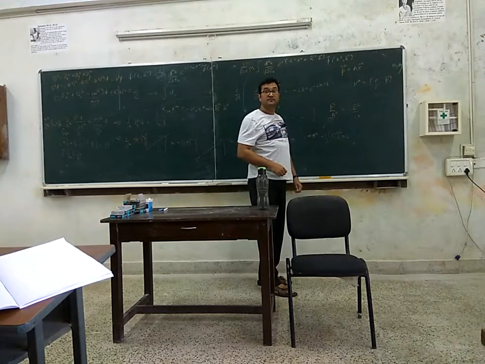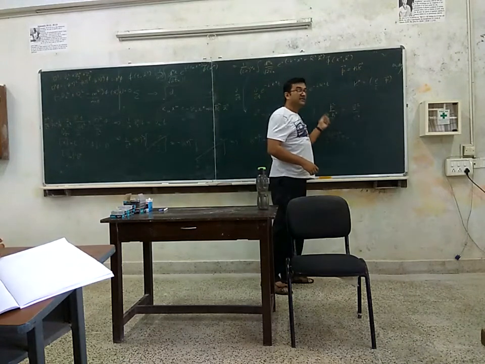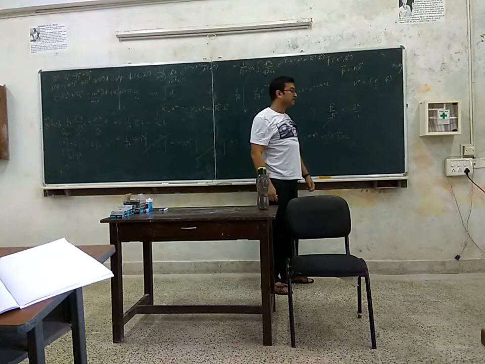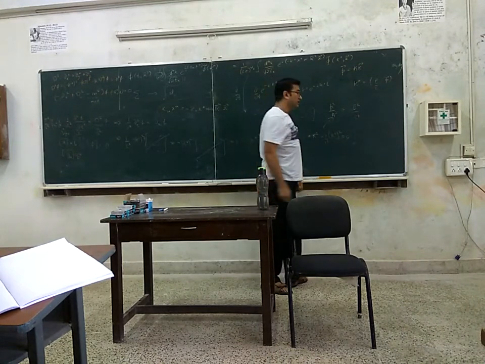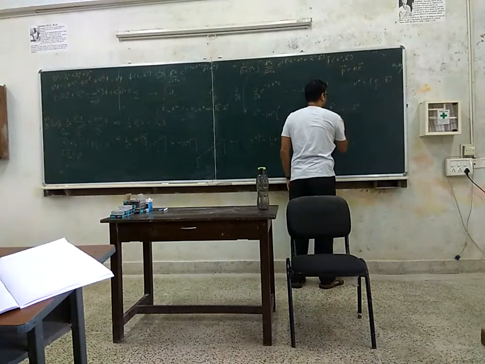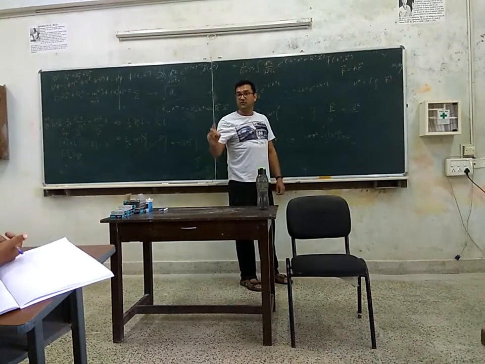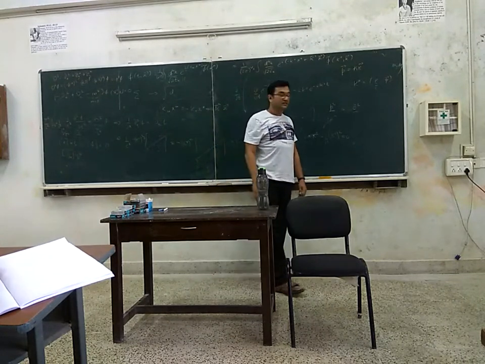I was looking at the dimensionality of this expression, just making sure that this is C square. Anyways, when in doubt, set everything to 1. You can always take your constants and set them to 1.